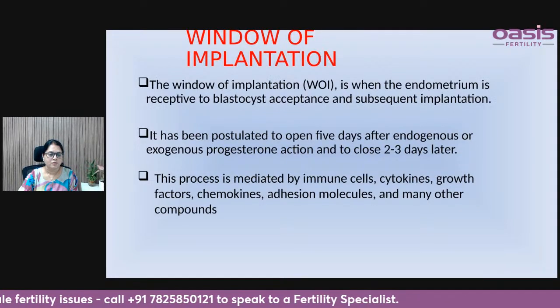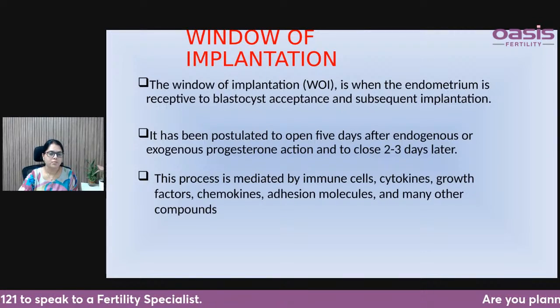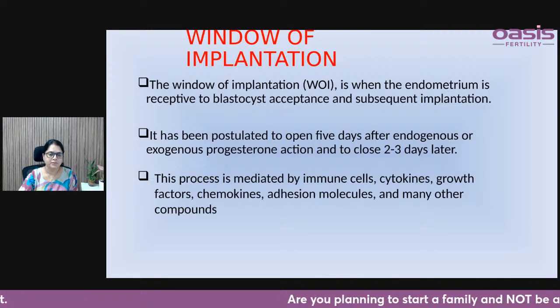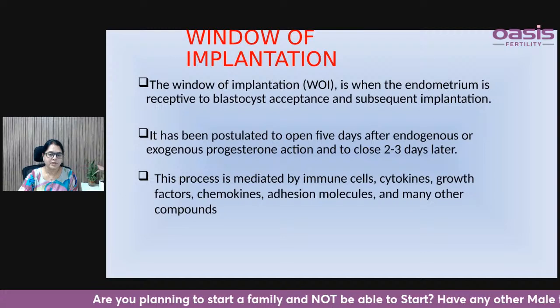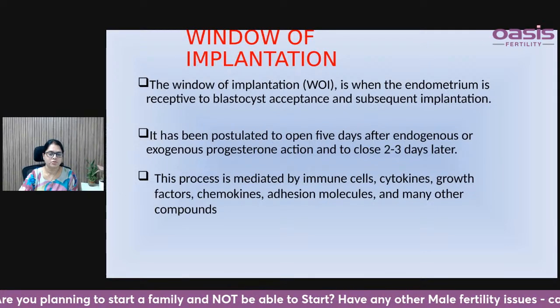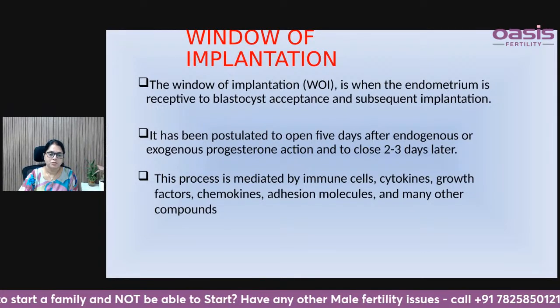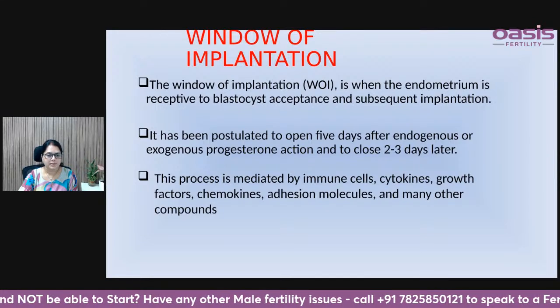The window of implantation is when the endometrium is receptive to blastocyst acceptance and subsequent implantation. It has been postulated to open 5 days after endogenous or exogenous progesterone action and close 2 to 3 days later.